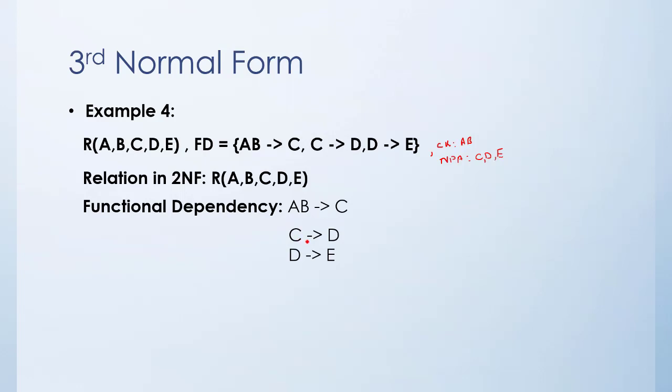Now from the functional dependencies, we can say that AB determines D and AB determines E using the transitive rule.